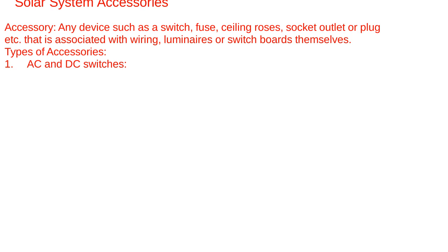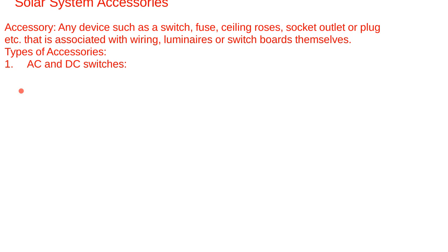But in technical terms, we say it's a device that is designed to interrupt the current flow in a circuit, or in other words, you can say it is used to make or break an electrical circuit. So when a switch is closed, then an electrical circuit is complete, and we say the circuit is closed.